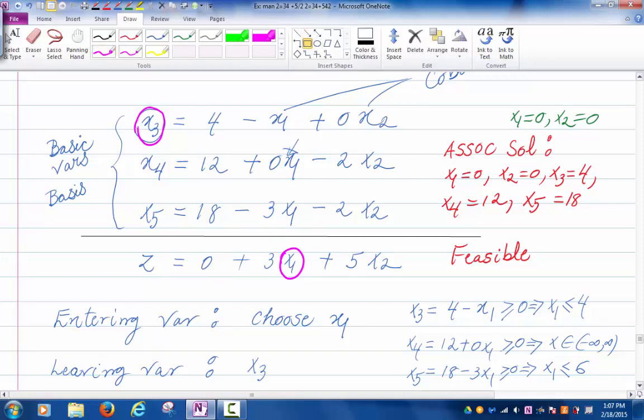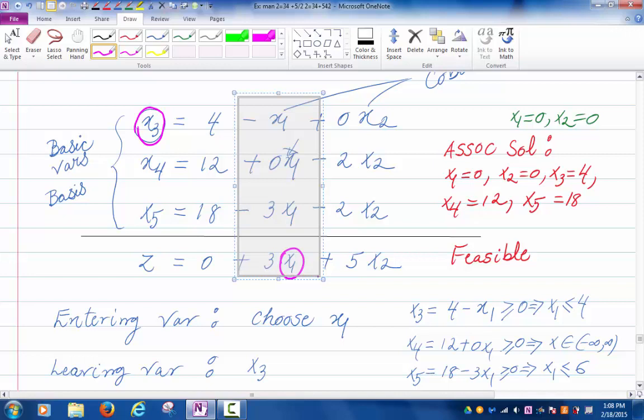You see this column that I have right here, I am going to call that my pivot column. The column corresponding to the entering variable. What does it contain? It basically contains all the coefficients of the entering variable, right? That's what I want to concentrate on.